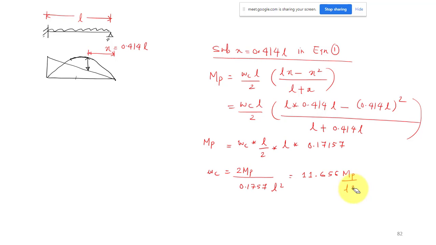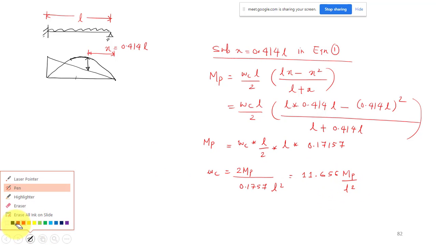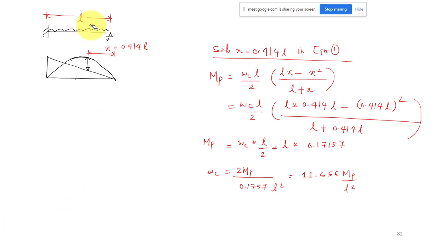That is the final result, which you have to remember. So for this beam, the intensity of load, the collapse load WC, kilonewton per meter, will be equal to 11.656 times MB by L square. This is a very useful result. You have to remember this.